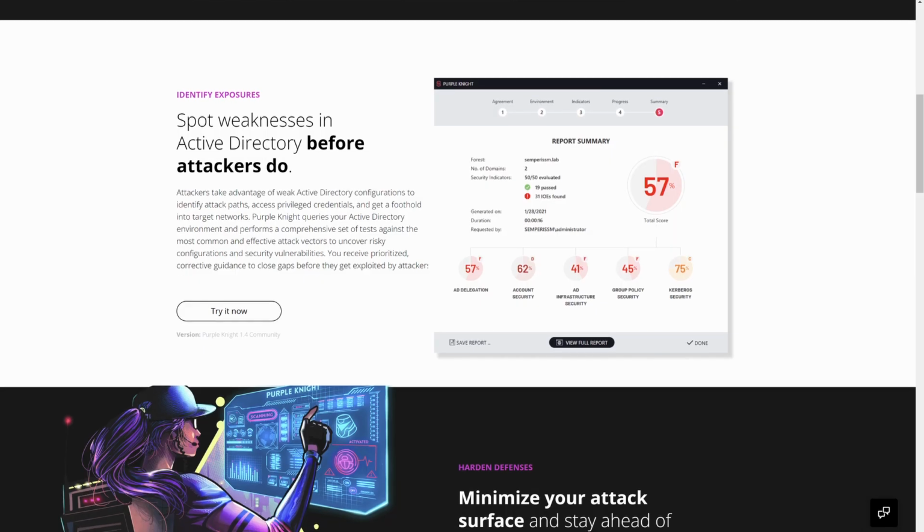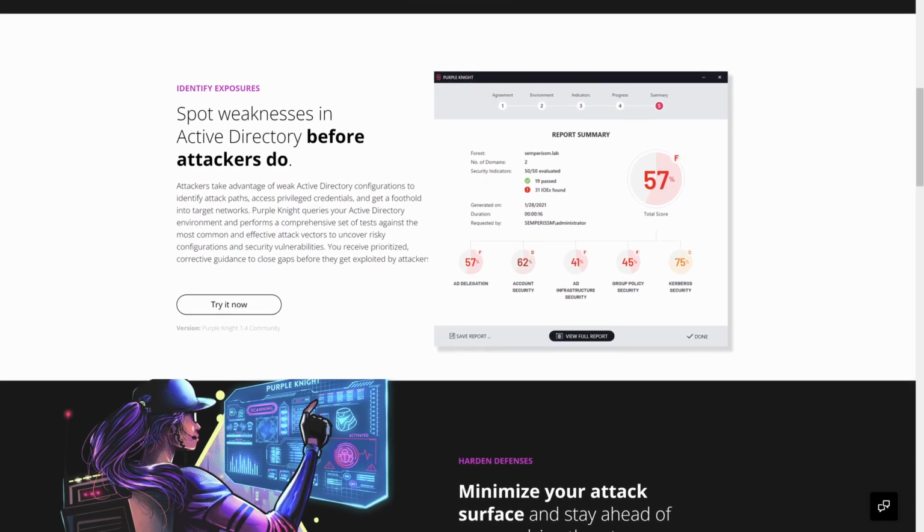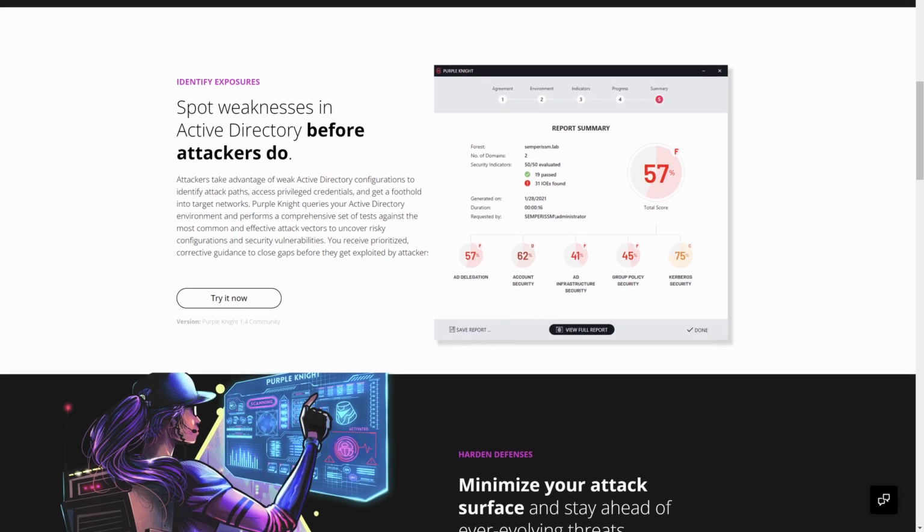Or if you're making a procedural change that may not be popular, like MFA or something along those lines, you can kind of use PK's reports to help justify those things and push against the pushback you get from staff.